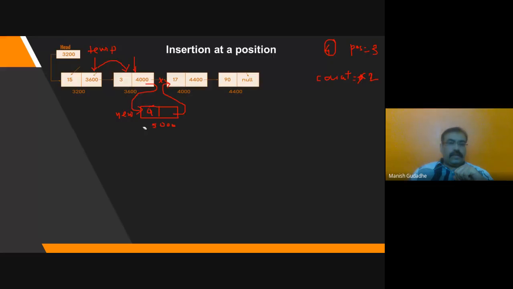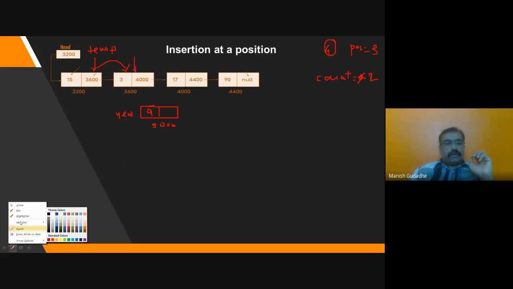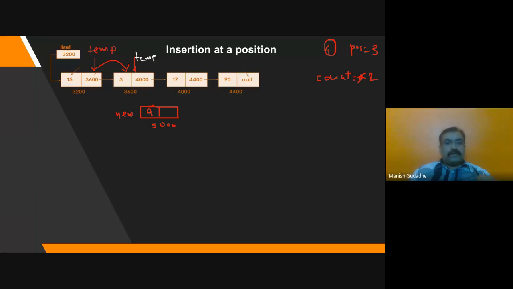I'll erase this and again we'll go for what we are going to do. The sequence is important. So first we'll have to store this address. This address is the address of this node.